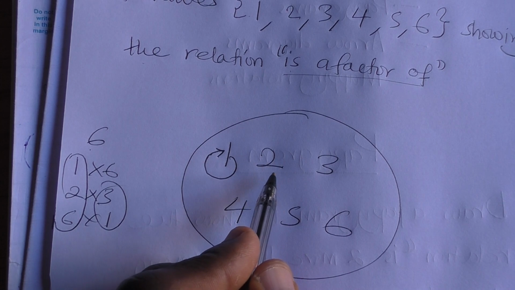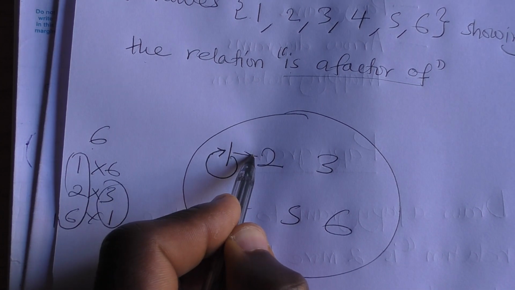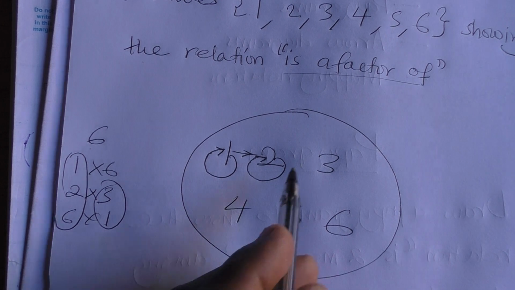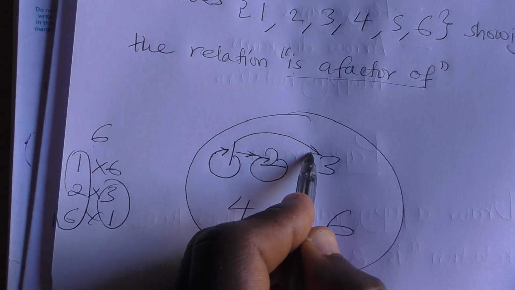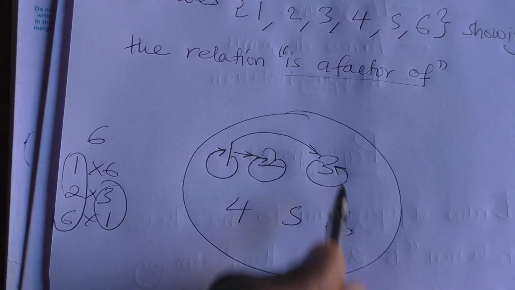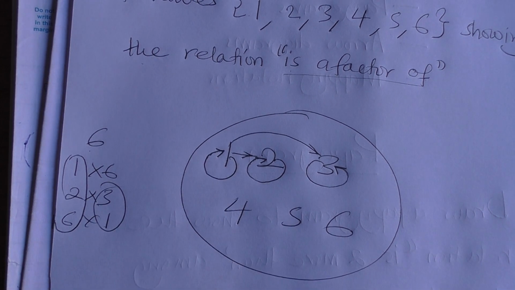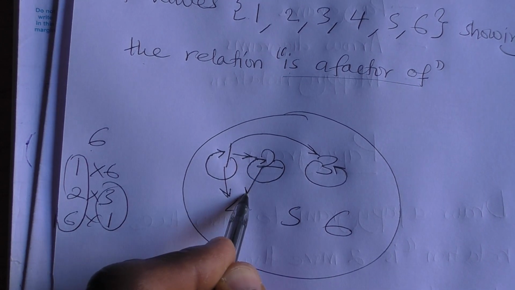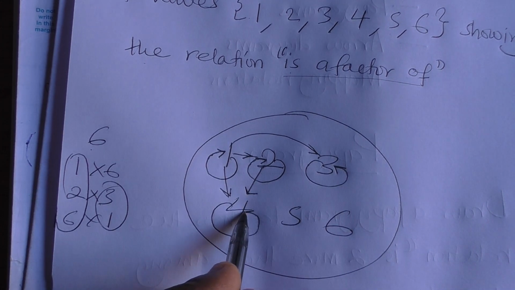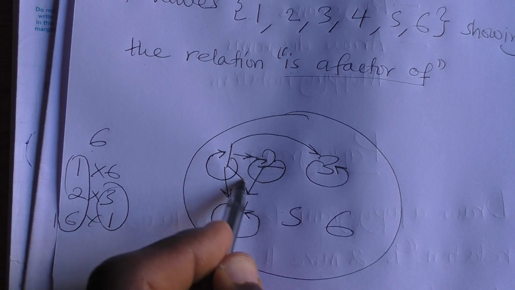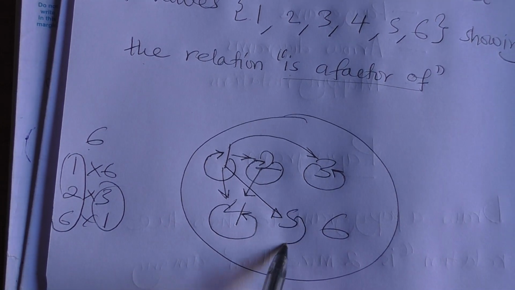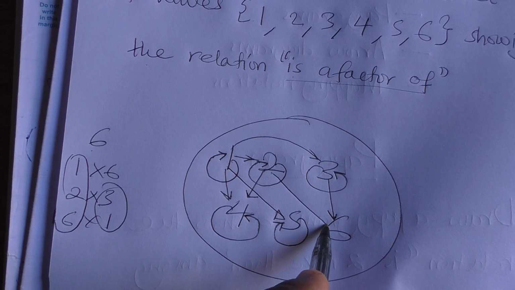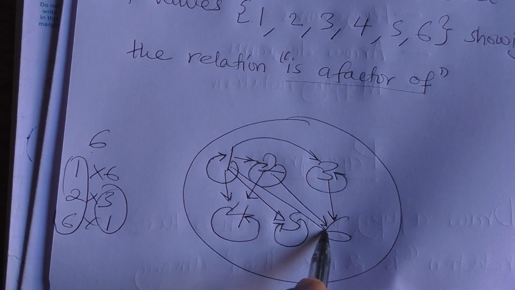2. What are the factors of 2? We have 1 is a factor of 2, and 2 is also a factor of itself. 3. 1 is a factor of 3, and 3 is a factor of itself, because 1 times 3 you get 3. 4. 1 is a factor of 4, 2 is a factor of 4, and 4 is a factor of 4. 5. 1 is a factor of 5, 5 is a factor of 5. 6. 3 is a factor of 6, 2 is a factor of 6, and 1 is also a factor of 6.